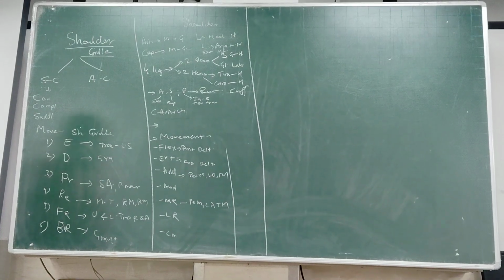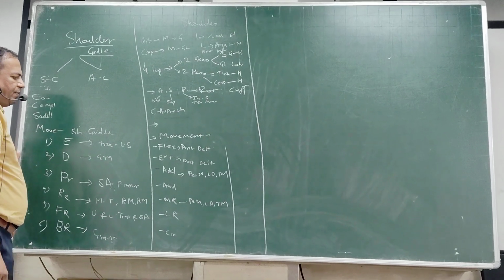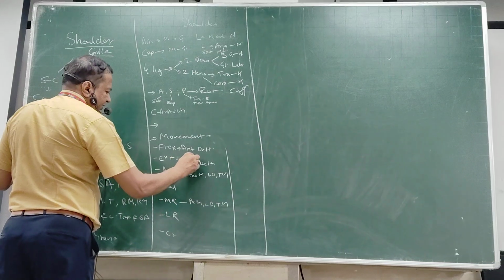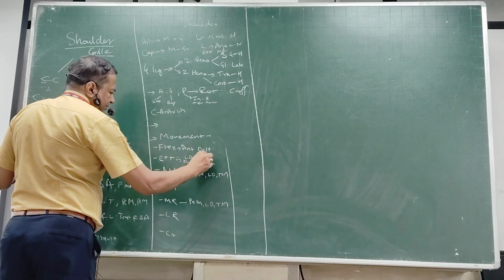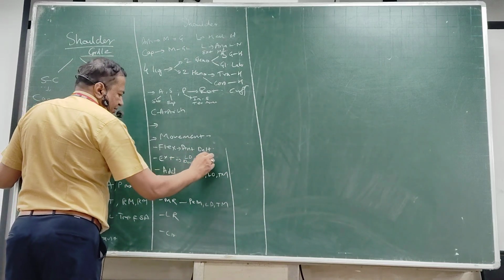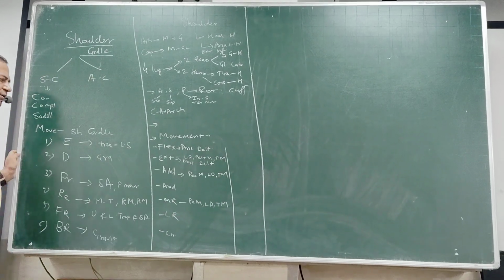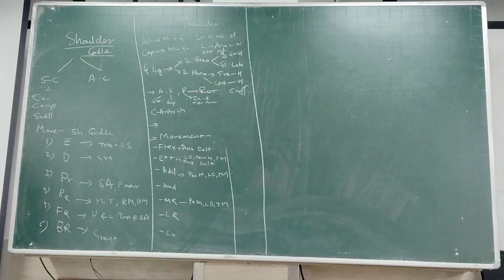Even extension is brought about by latissimus dorsi, pectoralis major, and teres major. So in short, this lady between two majors is responsible for three actions: medial rotation, extension and adduction.